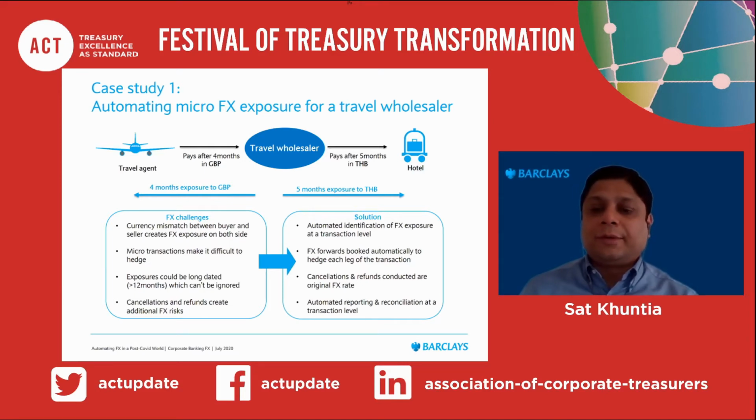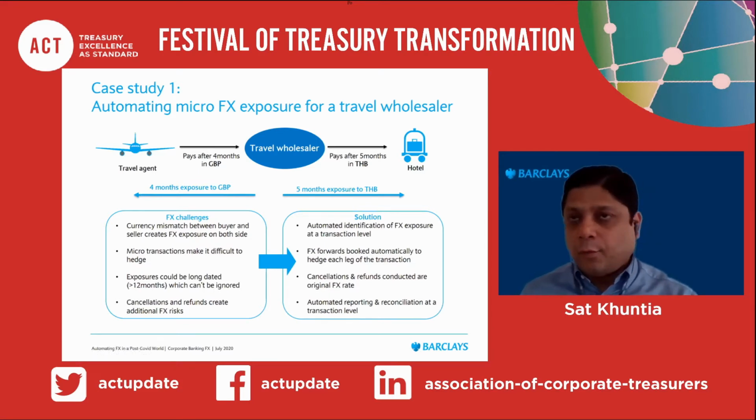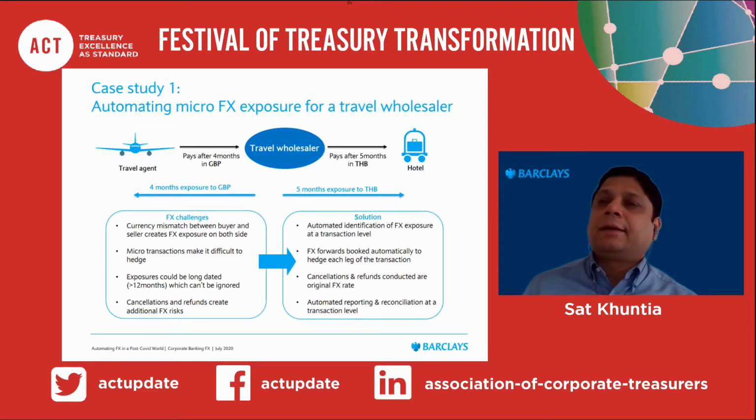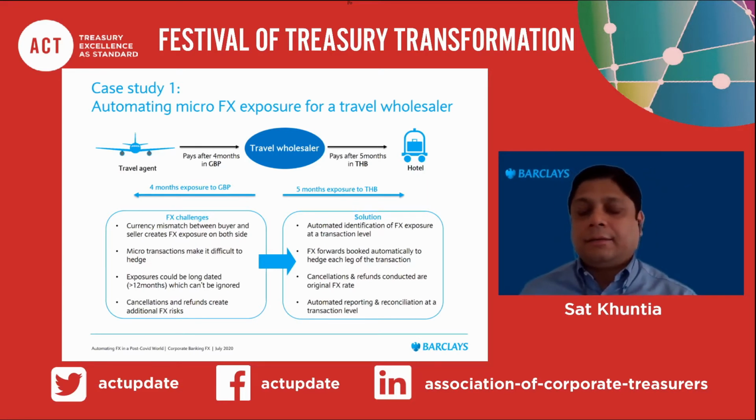I've spoken to some other clients in this sector as well, and basically what they do is an approximation in terms of cash flow forecast, which inevitably will never be accurate, and that creates some kind of error in terms of their risk management. But with this type of solution, where you're almost doing the hedging at a micro transaction level, there is no forecasting.